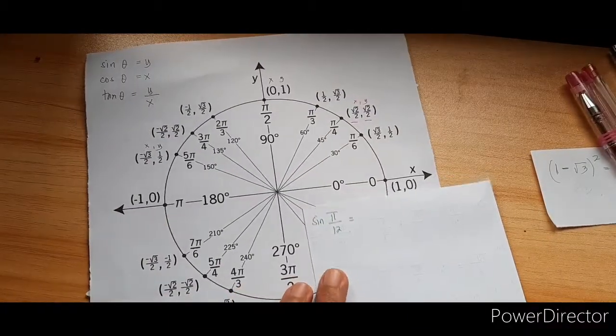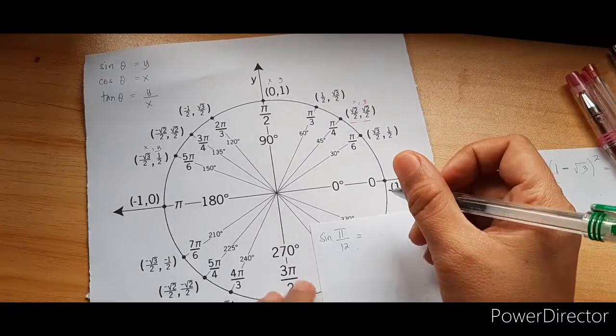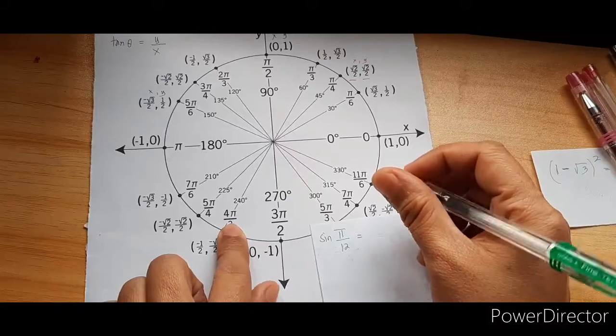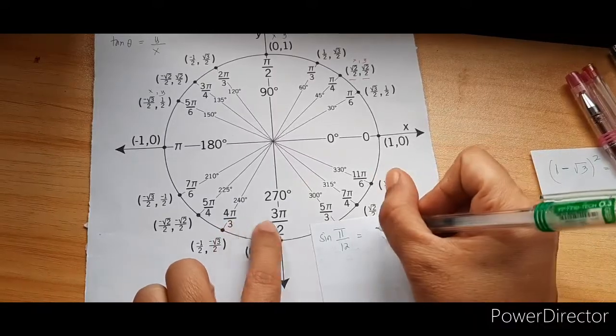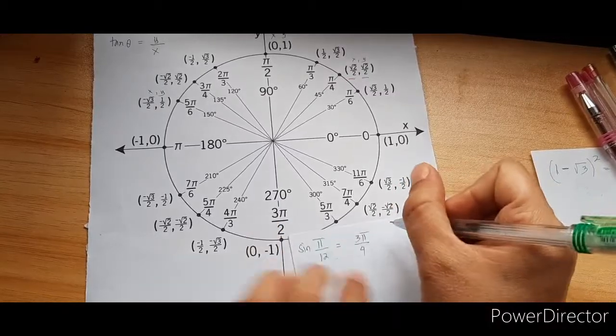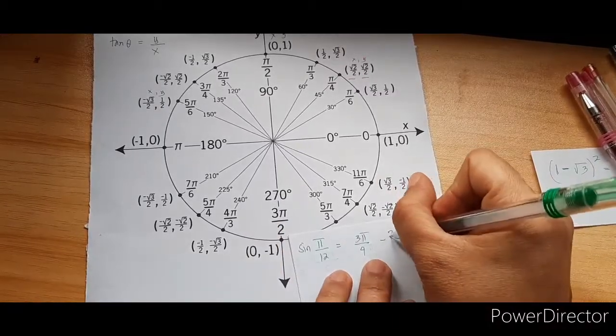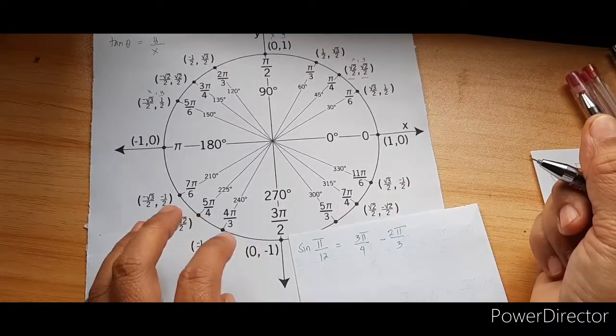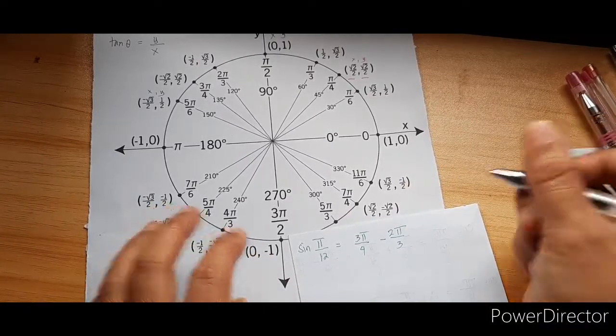And I think, let us try 3 pi over 4 minus 2 pi over 3. Ayan. Okay?